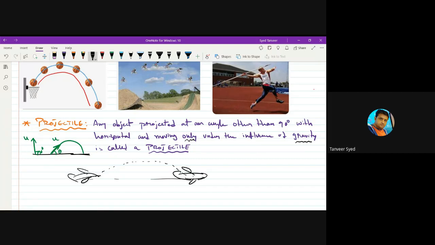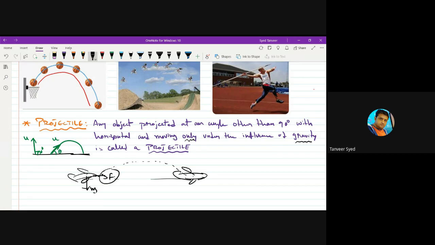Can we treat this like a projectile? No, this is not a projectile, because an aeroplane flies due to the thrust developed by its own engine. Other than gravity, the thrust due to its engine will be acting on it. So an external force is acting. So an aeroplane is not a projectile.